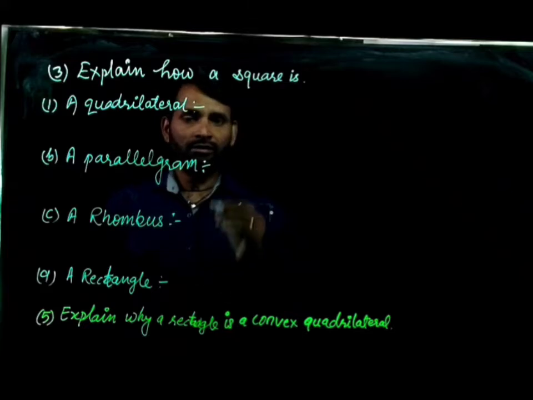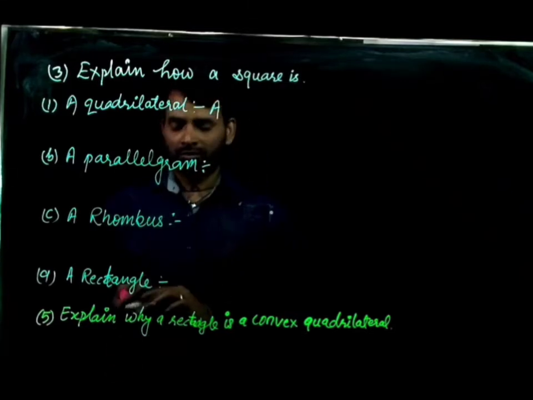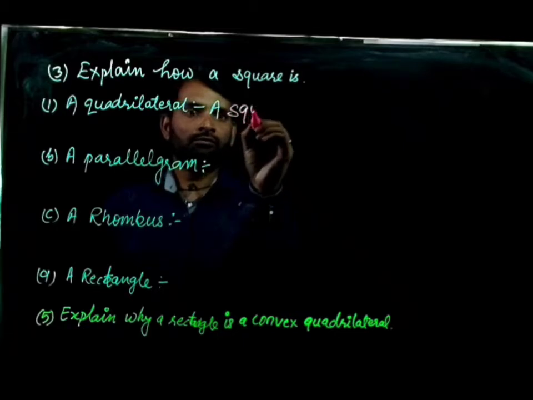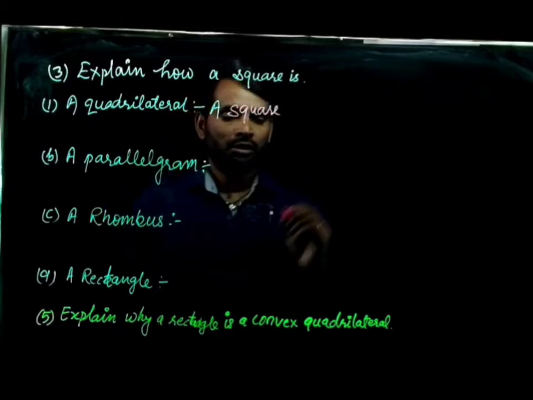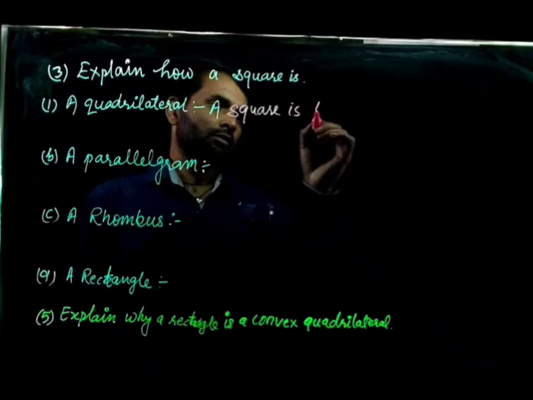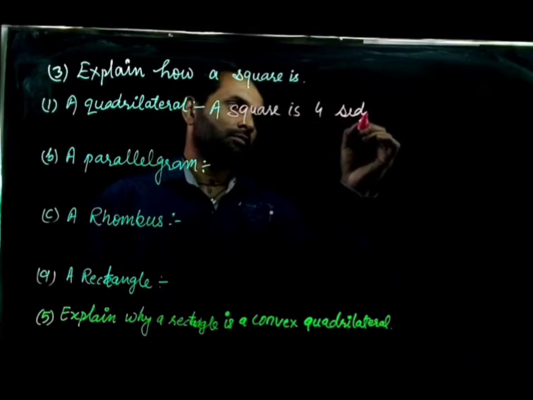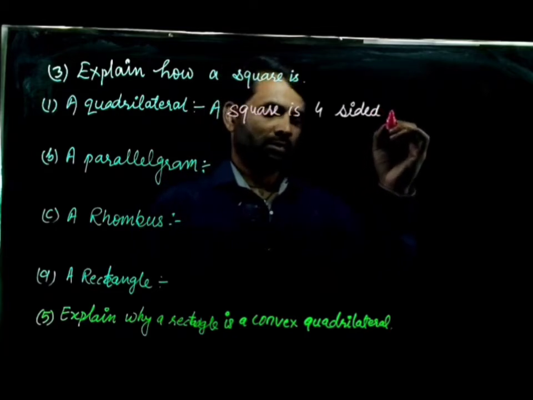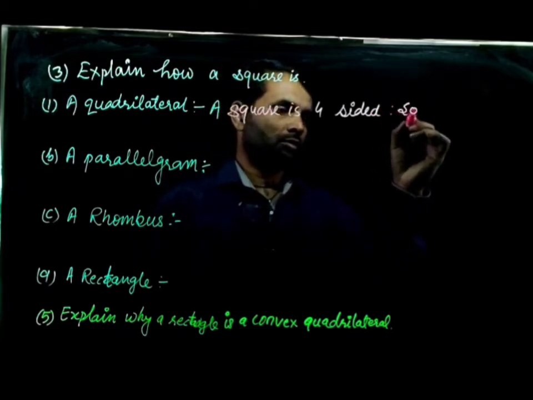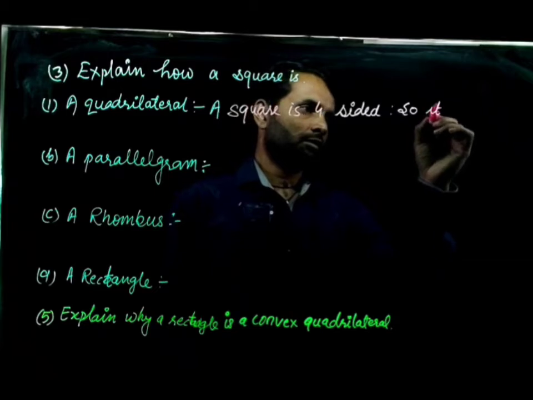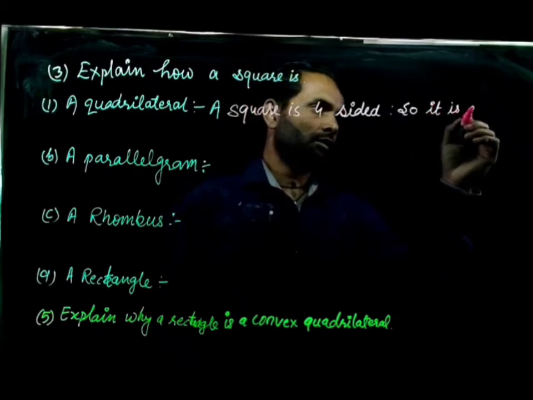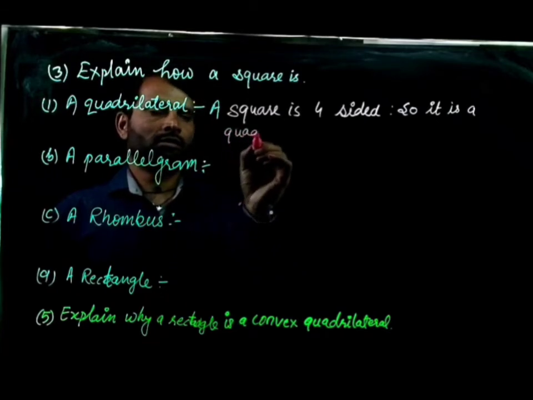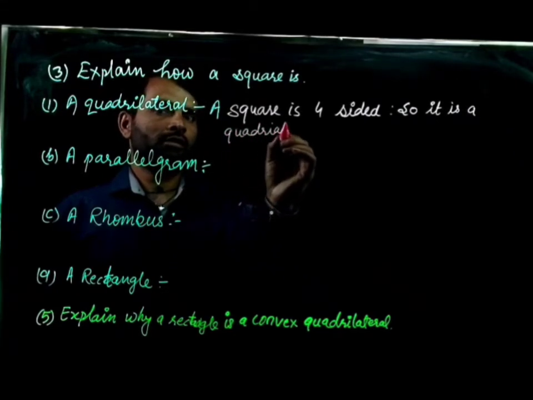So your answer is: a square is 4 sided, so it is a quadrilateral.